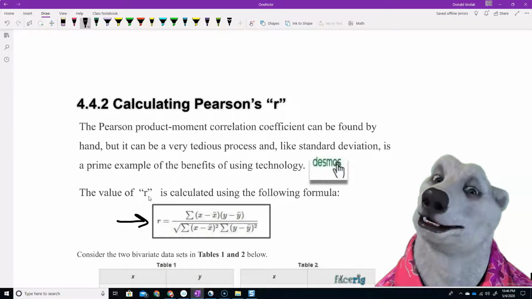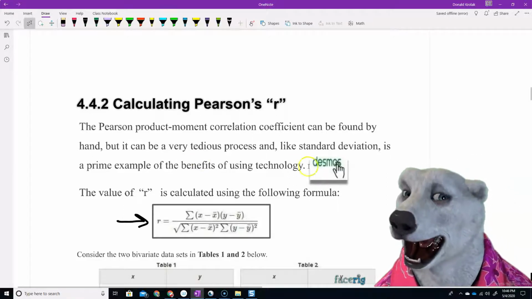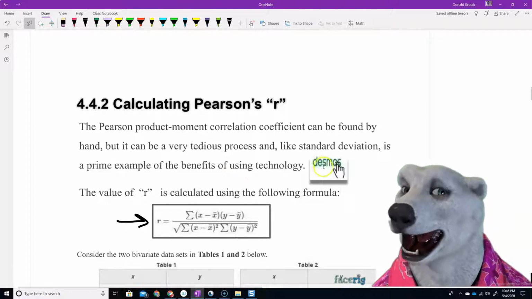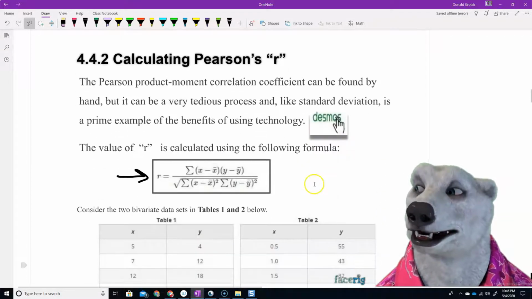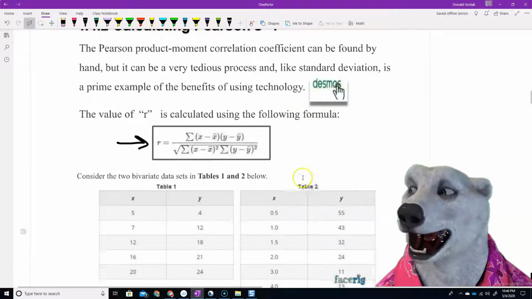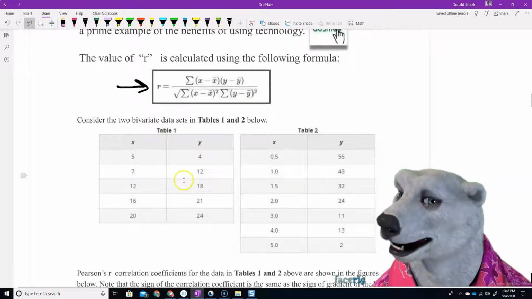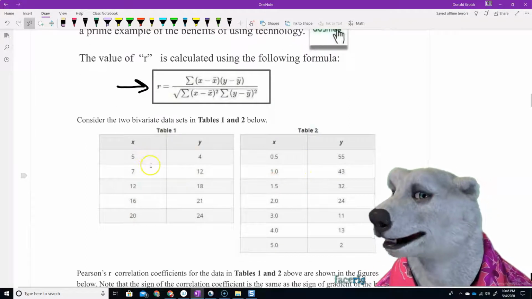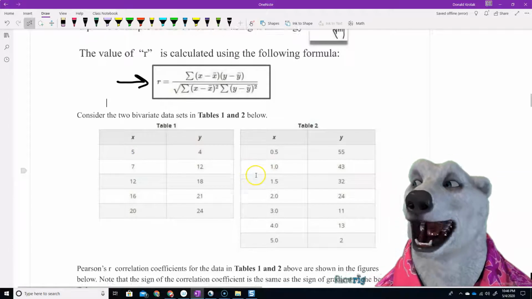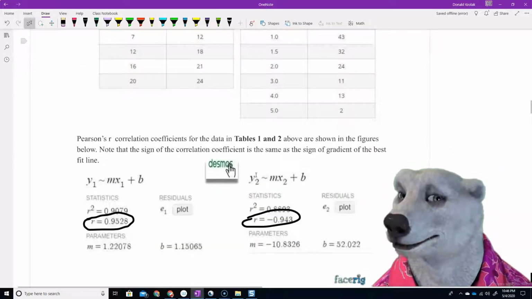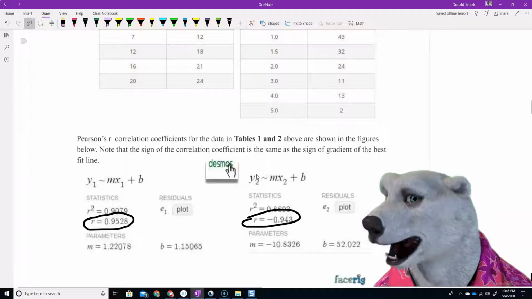You can do it on Desmos. I'll show you how to do it on Desmos here real quick. It comes up automatically when you do your linear correlation. Okay, so here's two tables of data. We're going to plug these into Desmos as tables, and then we're going to calculate their correlation coefficients.